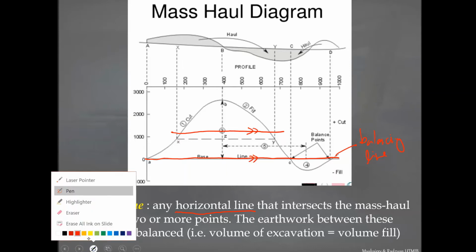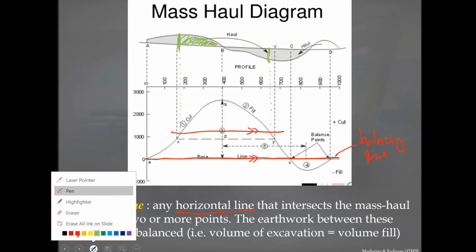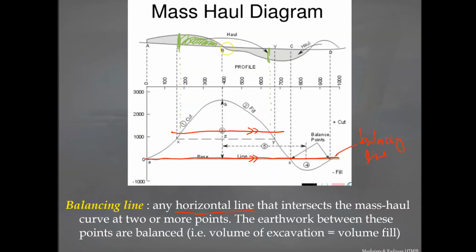If I project that line to that point there, and project the other intersect to that point there, the balancing line simply tells me that whatever I excavate there will be enough for me to fill that area. So that's what a balancing line is.